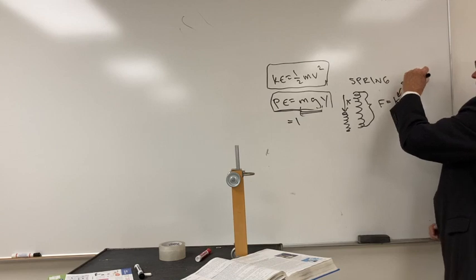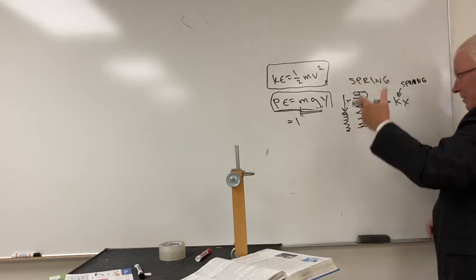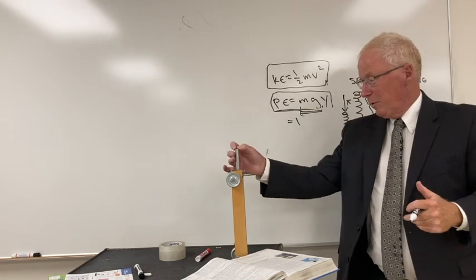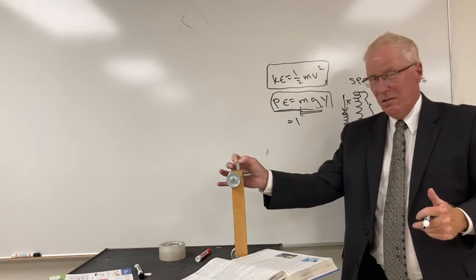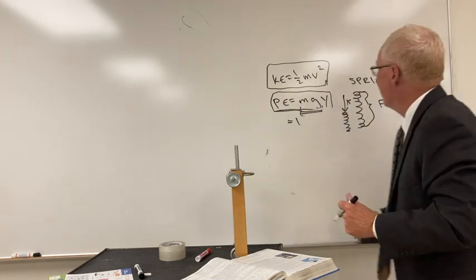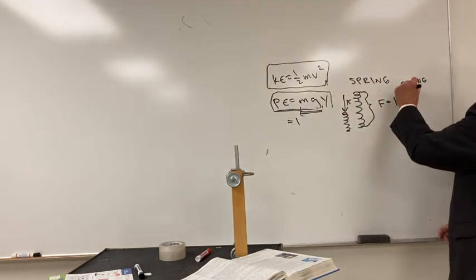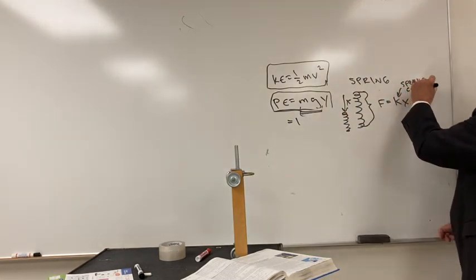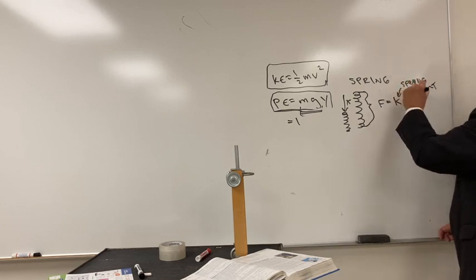So it's not constant, but the force, as you have ever experienced, gets harder and harder the more you try to compress it. This spring constant is in units of newtons per meter.